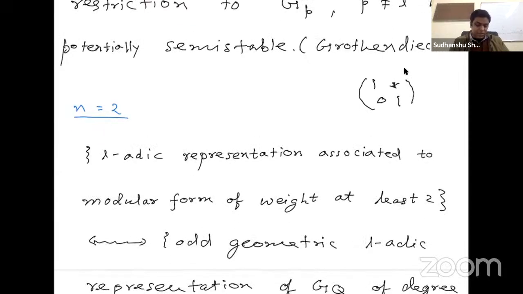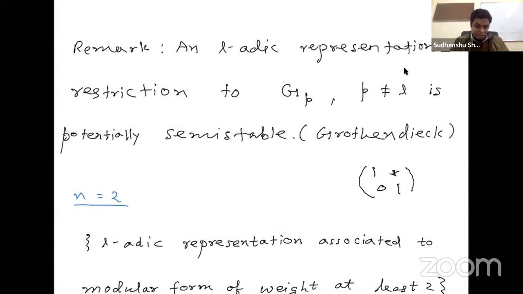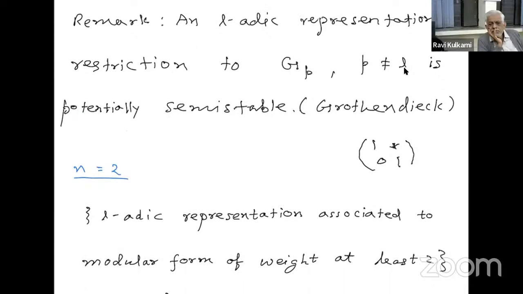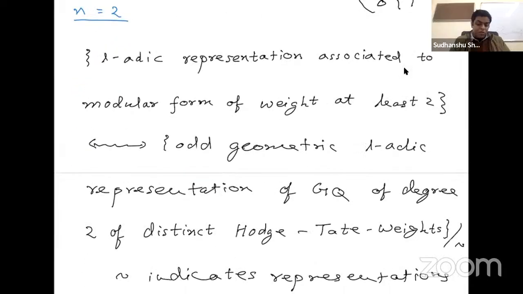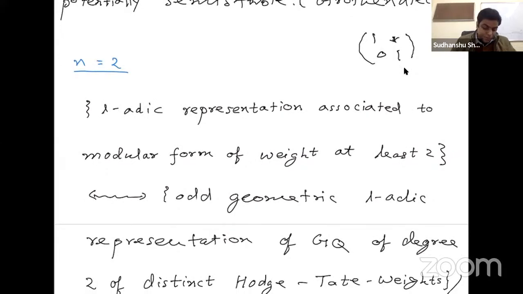I'm not defining it particularly at the prime p, because it requires techniques from Hodge theory, but we don't need it. I was just trying to make this statement because somehow this context is important. So what about n equal to 2? Again, there is a correspondence here.